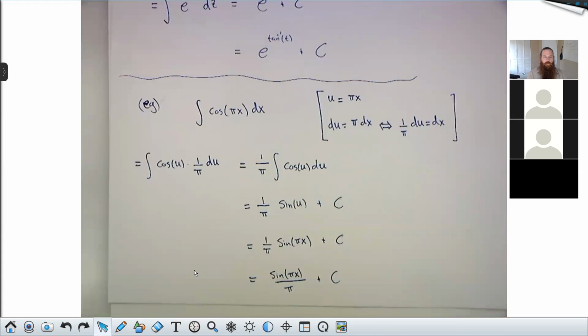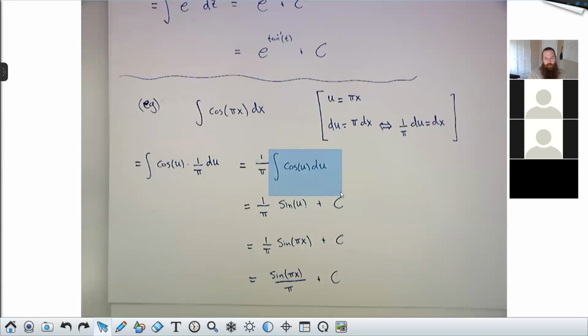And in fact, this is an example of a family of problems that you'll want to get good at doing quickly. So like Andrew said, once I get to this step, I recognize that this 1 over pi is a constant multiple. It can come out.